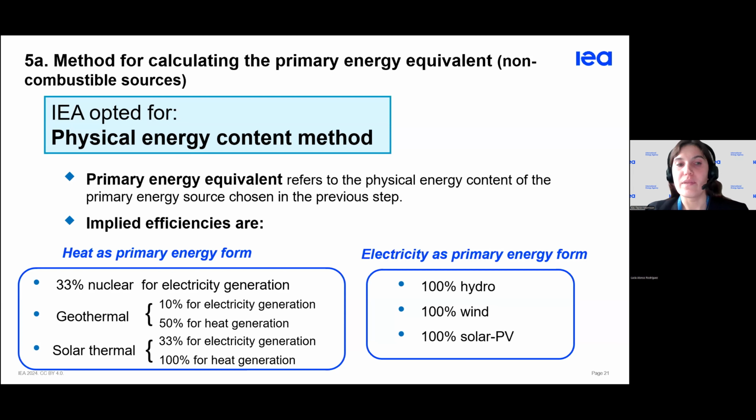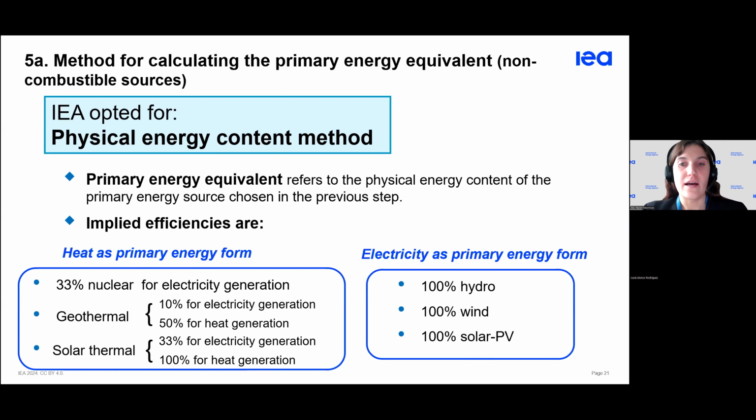Whereas if you're going from, let's say, electricity to heat, as in the case of nuclear, then we need to define what these efficiencies are because it's a transformation process. Some energy will be lost. So we've defined that efficiency as 33% for nuclear. This number came from the average efficiency of nuclear plants across Europe. So it's predefined. If you have the electricity output from a nuclear plant, then you would have to apply a 33% efficiency to calculate the input in heat form.